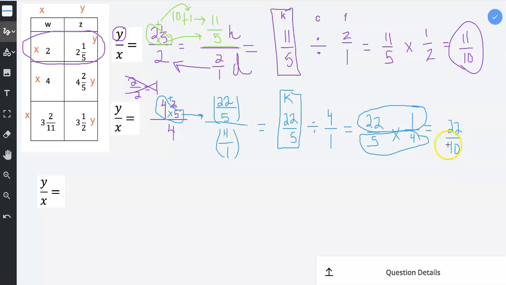Oh, 5 times 4 is 20. I don't know why I wrote 10. Excuse me for that. Now I need to reduce, so I divide each by 2, and I get 11 over 10. Now if this were different than this number, I could be done because I know it's not proportional, but so far it's proportional. So I do have to keep going and check this last fraction.